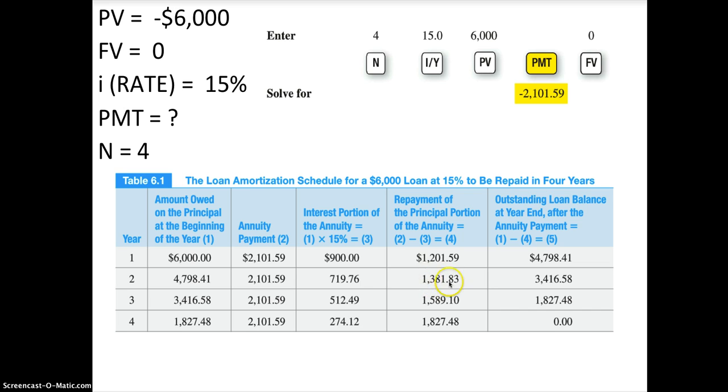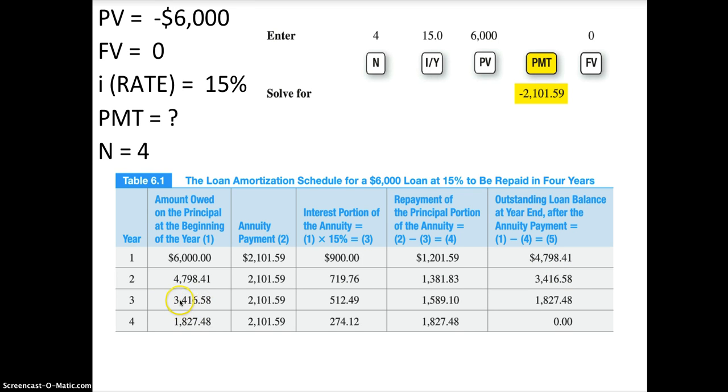And then that $1,381 again gets subtracted from the beginning balance at the beginning of year 2 of $4,798.41, and that leaves us with a balance you see here in the 5th column. That ending balance for year 2 then gets carried over to the beginning of year 3.